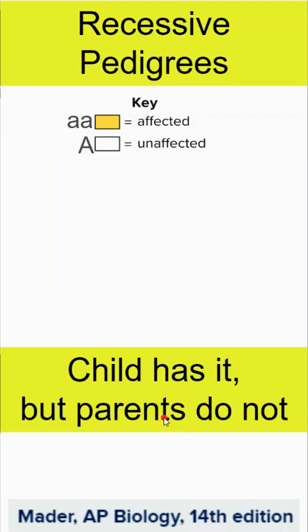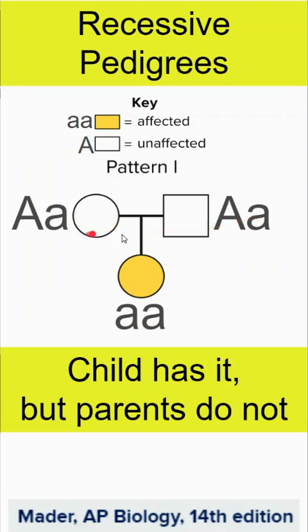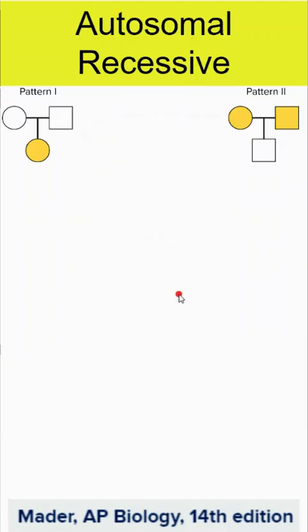If you try to imagine what that would look like in a pedigree format, it would look like this. The child has it, but the parents do not. So again, the child would have to be little a, and both parents would be heterozygous, or carriers.